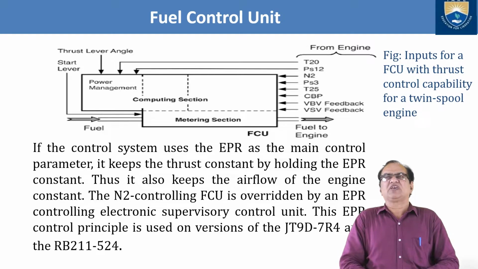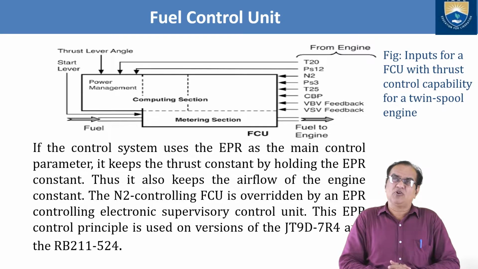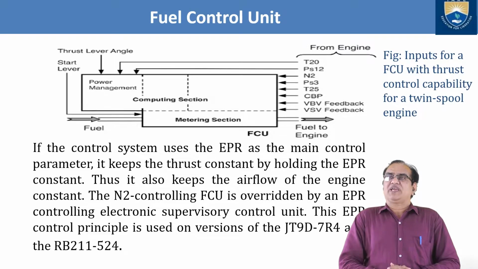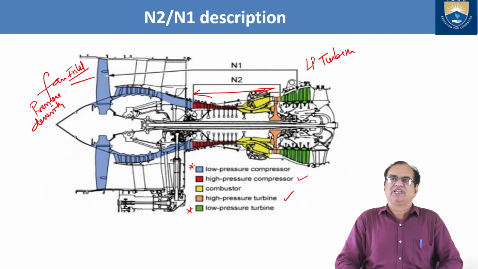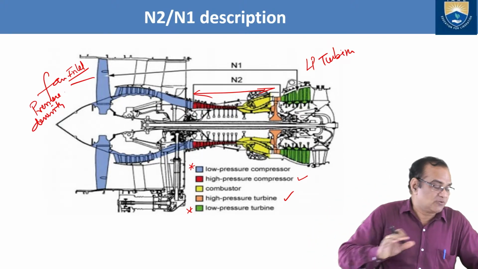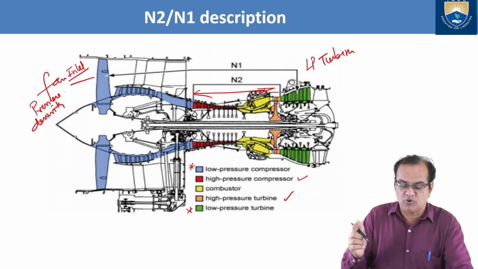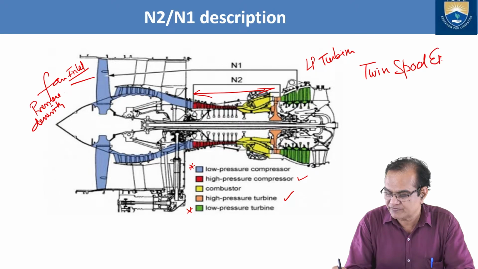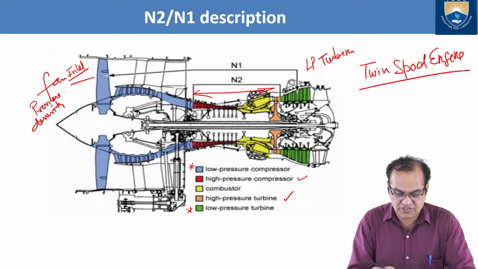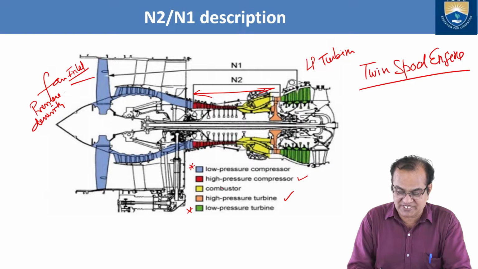So here we can see this flight control unit. What is the flight control unit? I have shown here this diagram: inputs for a flight control unit with thrust control capability for a twin spool engine. This is the twin spool engine. What is the meaning of twin spool engine? Twin spool means there are two pressure zones. If you see here, we have the two pressure zones.